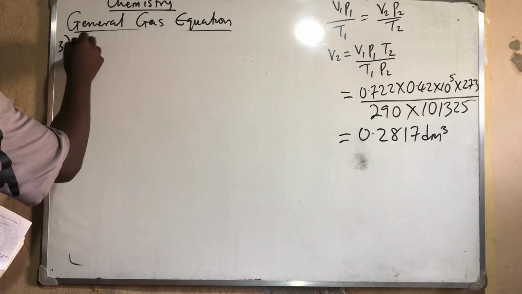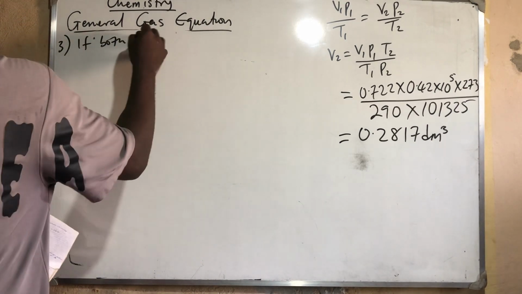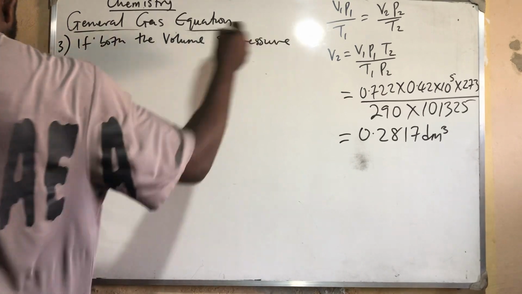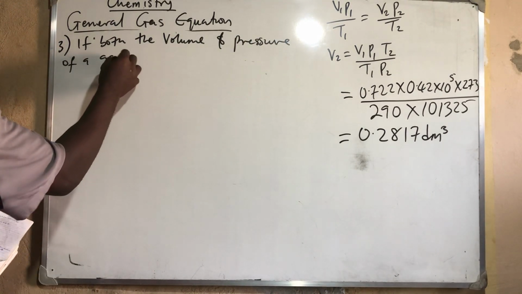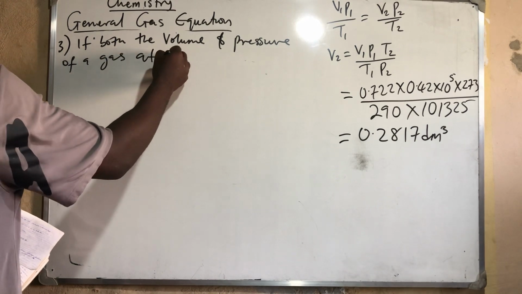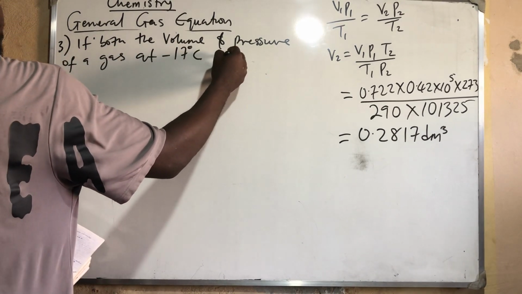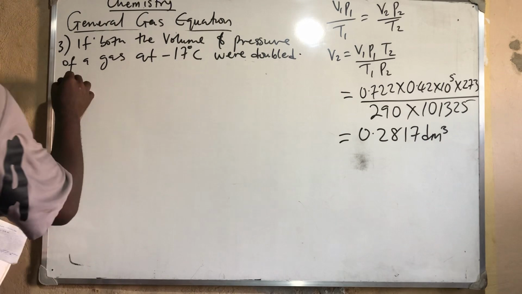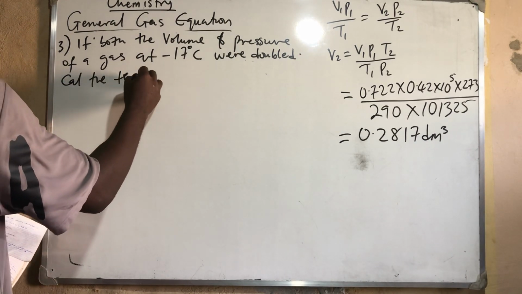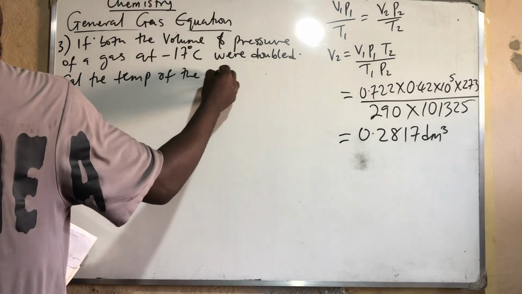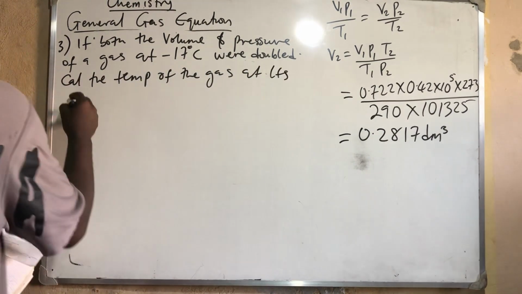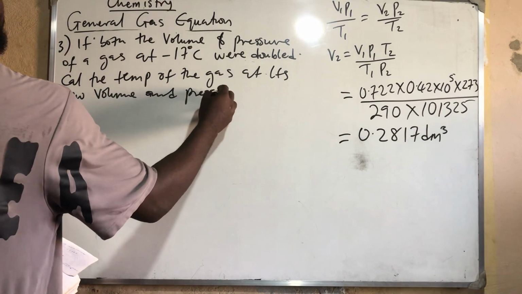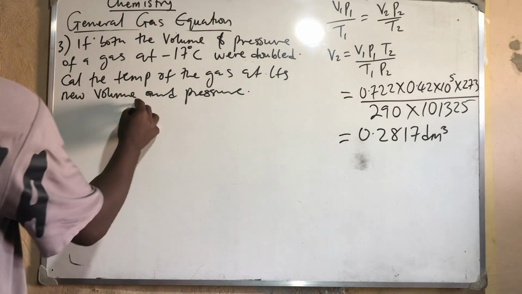Number 3 says, if both the volume and the pressure of a gas at minus 17 degrees Celsius are doubled, then calculate the temperature of the gas at its new volume and pressure. Right? So very simple solution.